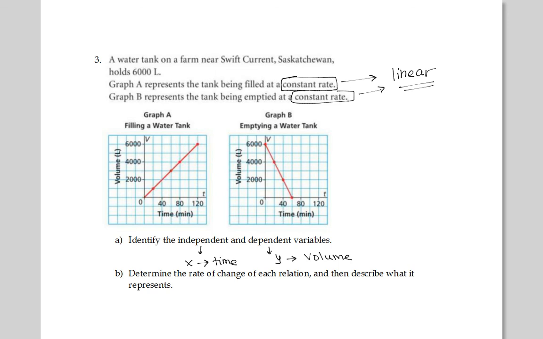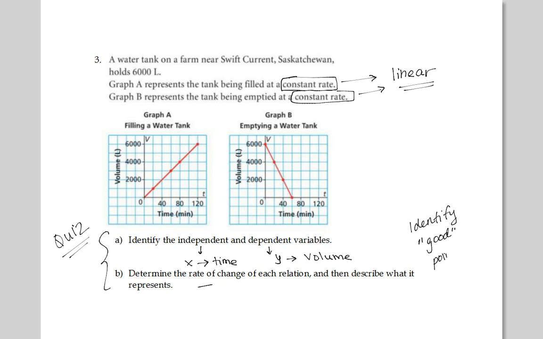Okay, part B, determine the rate of change and then describe what it represents. These are basically the quiz questions for tomorrow. So you're going to have to just identify some perfect points. And I'll put the word good.